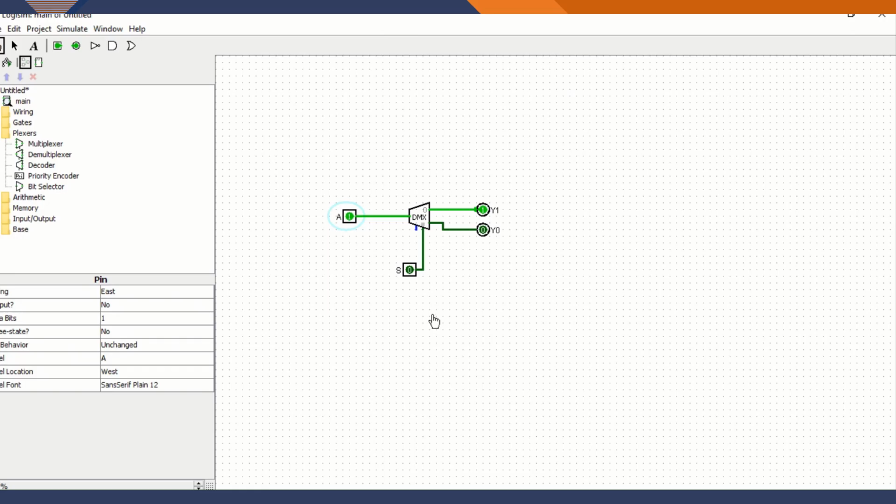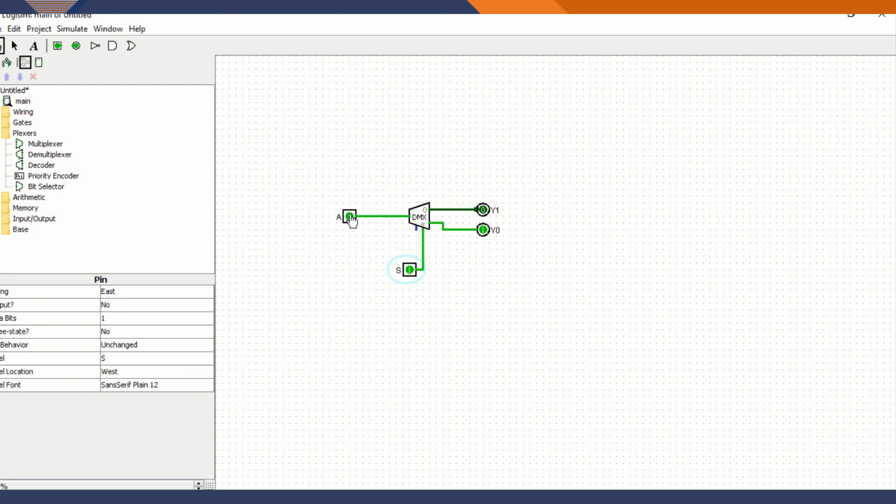Now I am going to change S equal 1. When you apply S equal 1, we get Y0 equal A, Y1 equal 0.